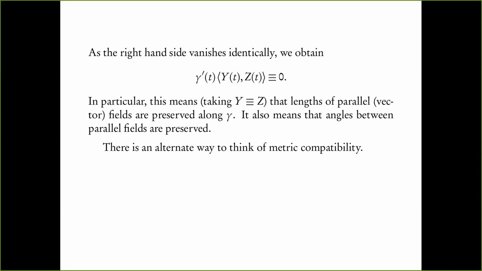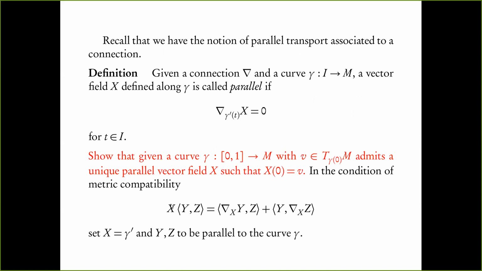So if you take gamma to be a geodesic of the connection, let me go back one step here. If you plug in x equal to y equal to z equal to gamma prime, and let's say gamma prime is a geodesic for the connection nabla, what would that mean?